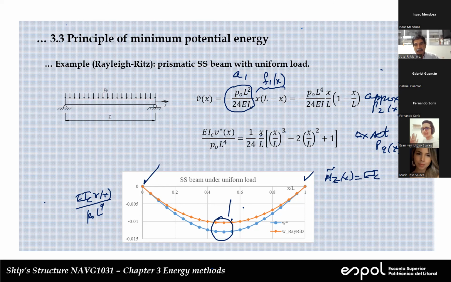So it's going to be P0 to the 4th divided by 12 EI sub C divided by L. So we cancel this, and we cancel this, something like that.